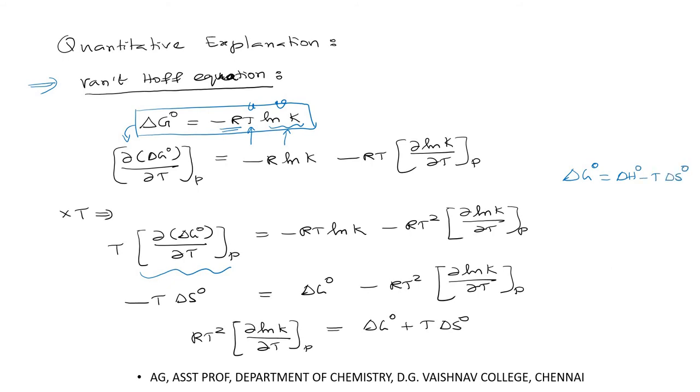ΔS°. Now I will differentiate this with respect to temperature, keeping pressure constant. If I do that, I'll get ∂ΔG° by ∂T at constant pressure. If we keep pressure constant, then ΔH° becomes 0.